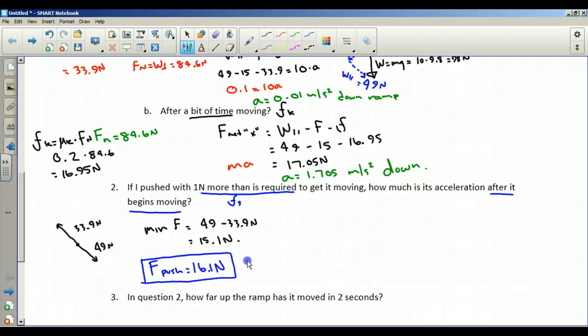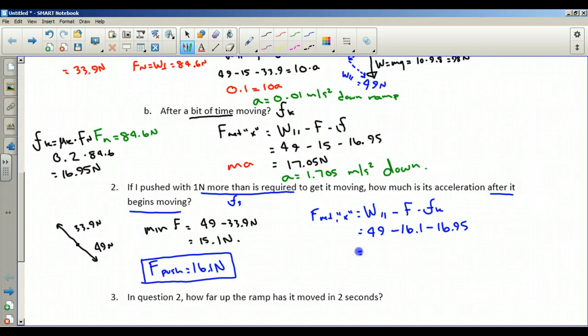So it's 16.1 instead of 15, so we end up then with net force in the x direction is weight parallel minus F minus friction kinetic, which is 49 minus 16.1 minus 16.95.